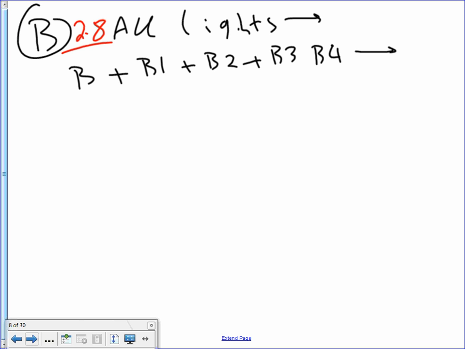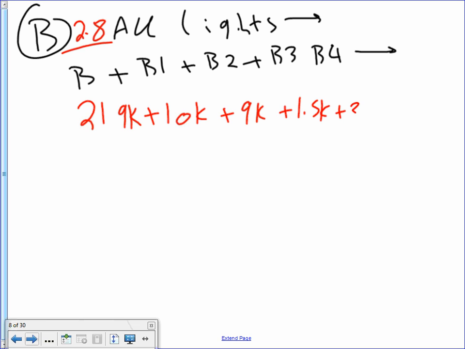So we just add them all up: 219K plus 10K, plus 9K, plus 1.5K, plus 3K.